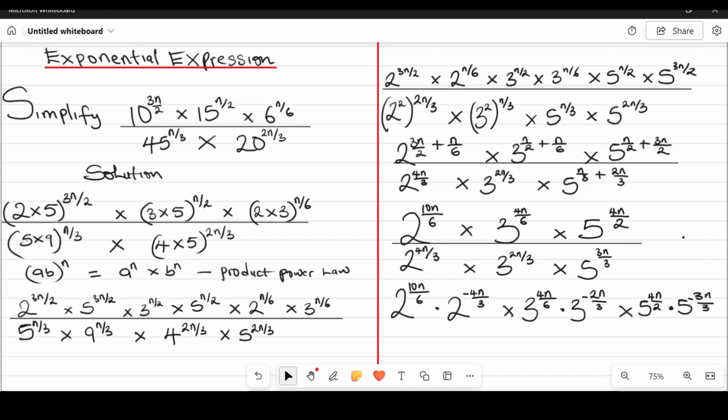Now we also have to know that when the expressions are written like this, we cannot apply our multiplication law by adding their powers.